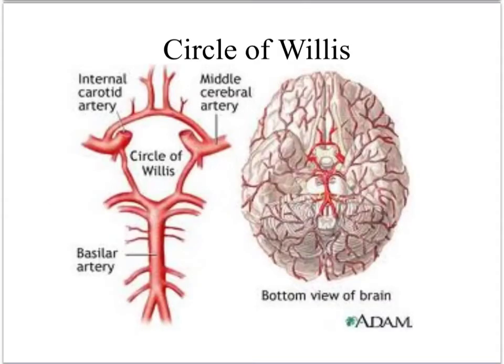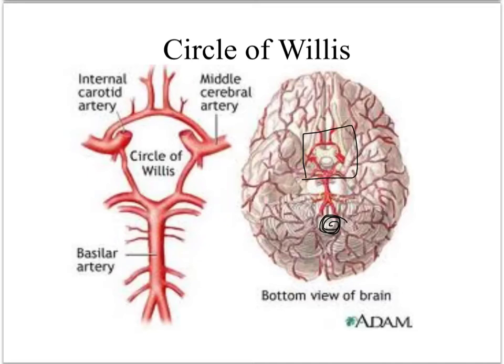An extremely important anastomosis in your body is something called the circle of Willis. This is at the base of the brain, in this area right here, by the spinal cord. Picture yourself looking from under your chin upward, and this vessel is called the circle of Willis, and it is an anastomosis.